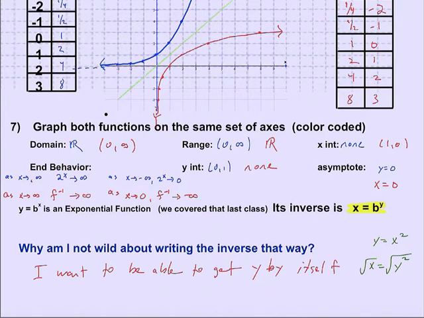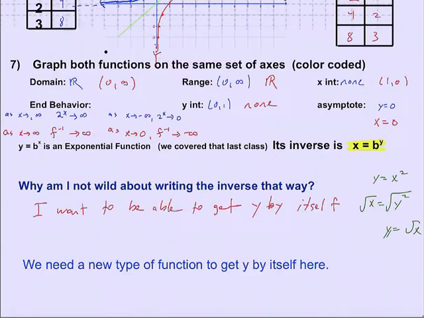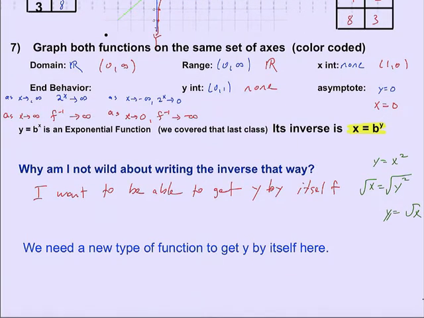And so we can say that y is equal to the square root of x. The idea of a square root, well, that's some term and symbol that was made up because we wanted to be able to get the y by itself when we had the inverse of a quadratic function. Well, we need to do the same thing today also. We need the name of a function, a new type of function, to get the y by itself.